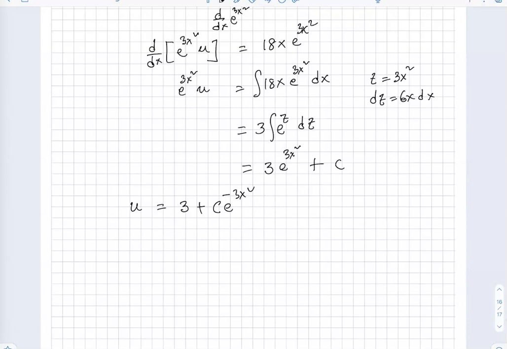So what's next? You have to go back to your original variable, return back to y instead of u.